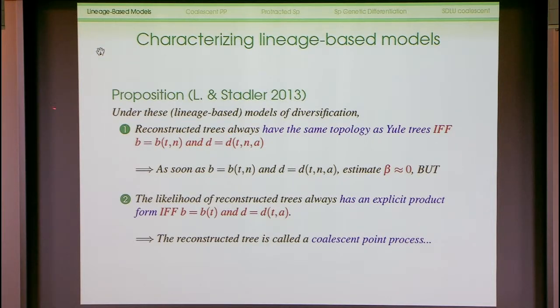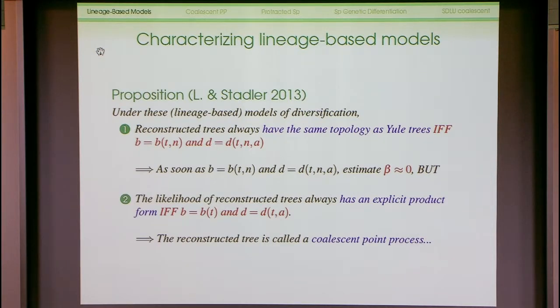Okay, so the way it is useful to think about this statement is that when you know that B and D only depend on these variables, you know that your reconstructed tree will always have the same topology in distribution as a Yule tree.